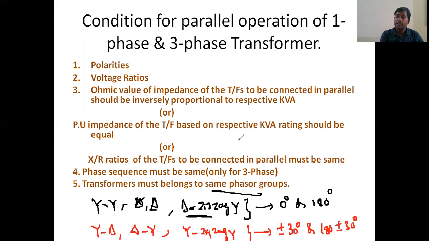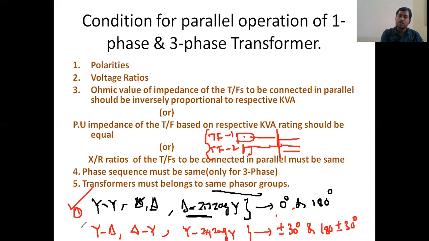If you want to connect two transformers in parallel, this is transformer 1 and this is transformer 2, these two transformers must belong to either the first phasor group or the second phasor group.